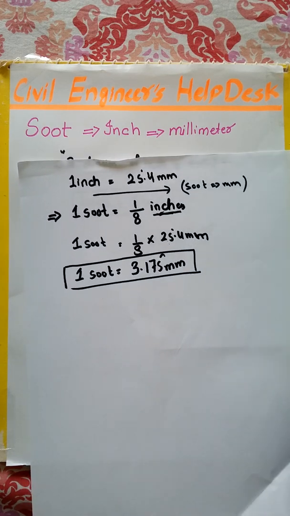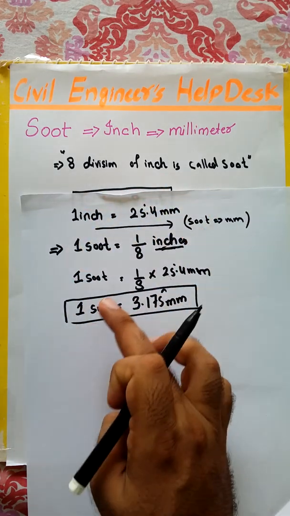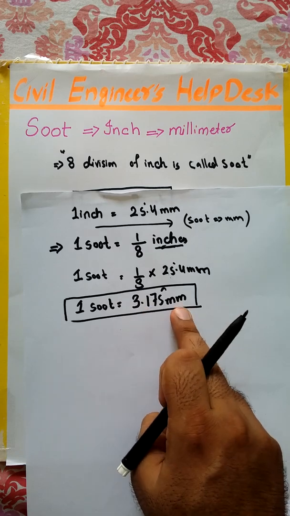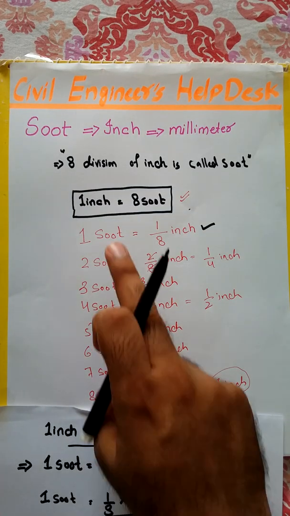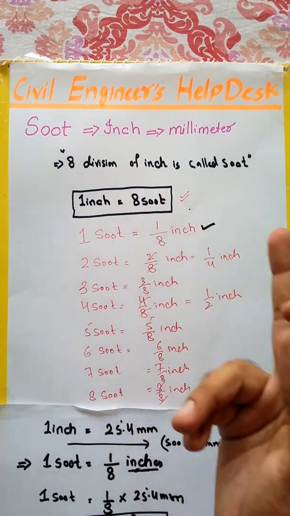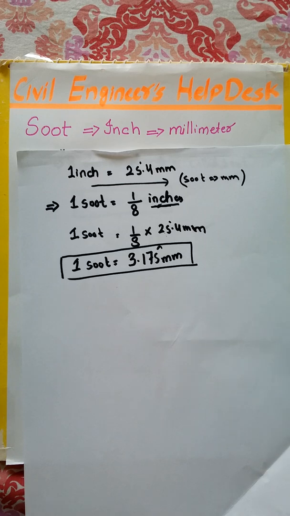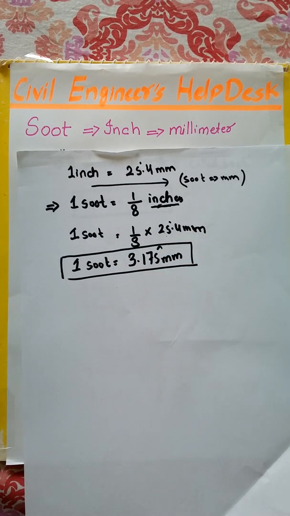So now you know, always remember, you do not need this calculation, just remember directly that 1 suth is equal to 3.17 millimeter, 1 inch is equal to 25.4 millimeter, and 1 inch is equal to 8 suth. These are very basic relationships. Now we will move forward and I will also show you the application of this suth, where we use this suth.